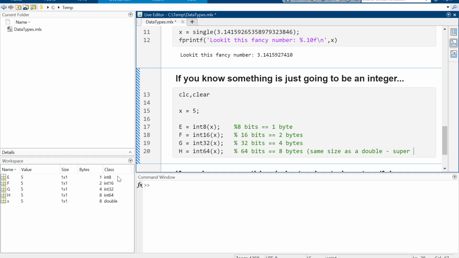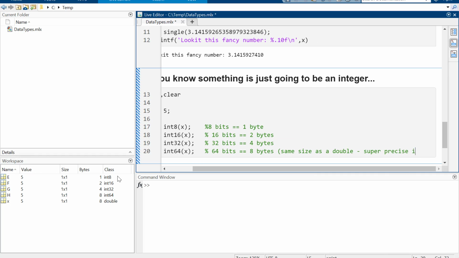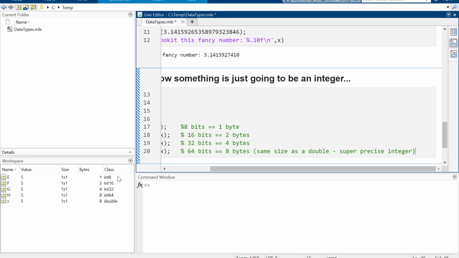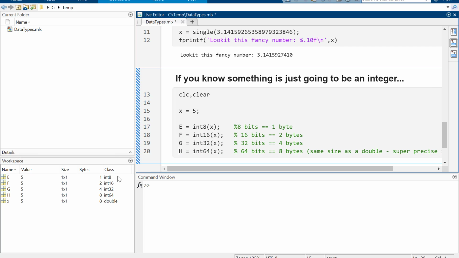It's just a super precise integer. It's only good for integers. So it's pretty crazy. Now where you run into problems is when you get numbers that are too big. So if I put in 5.3, take these off so you can see what they come up as.